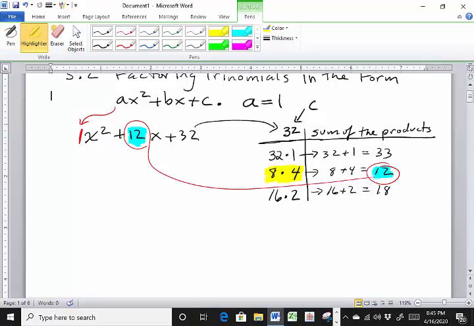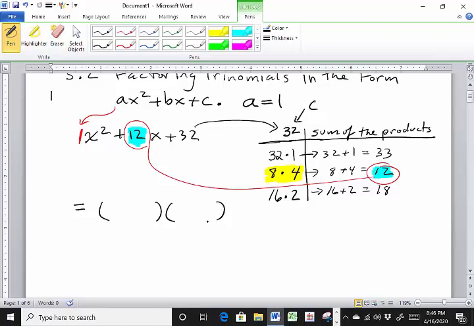So if you go back a couple sections where we were using the distributive law or FOIL, where we were multiplying two binomials together, we'd get a trinomial, if you can remember that. So basically, the answer to this is going to be two binomials, and will always be two binomials when you're factoring this type of problem.